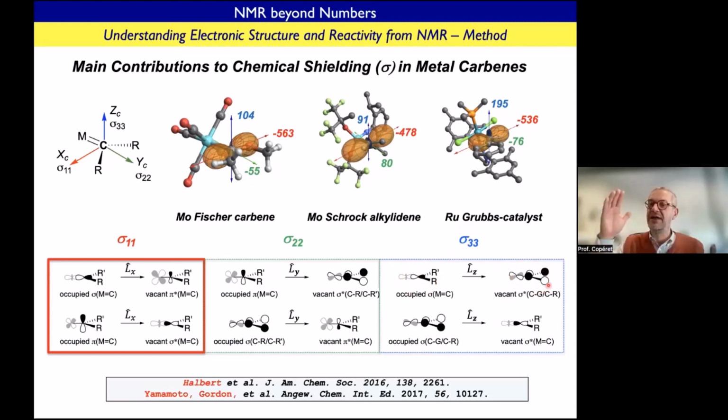That's why there is a very big difference of energy, low coupling for sigma 3,3, while for sigma 1,1, you couple a filled sigma with a low-lying pi star. That's why you have this very, very large difference of chemical shift for sigma 1,1.